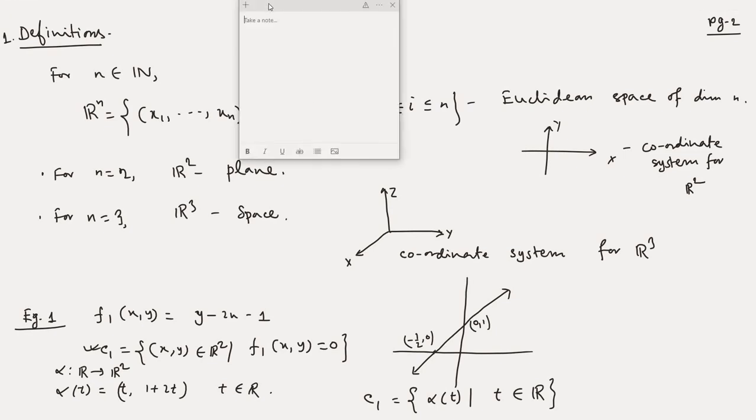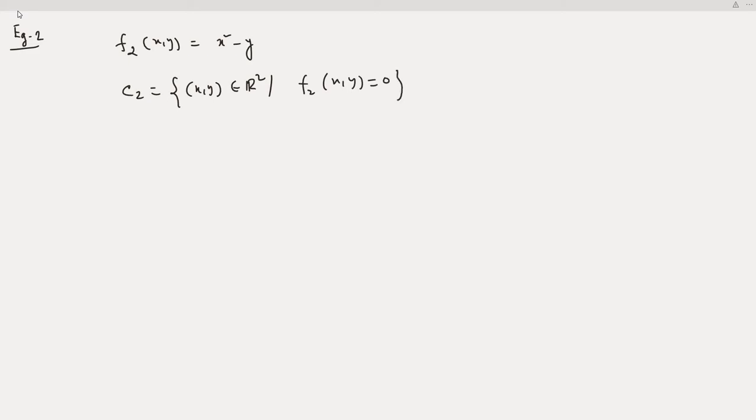Now we consider the next example. Consider f2(x, y) equal to x squared minus y, and then C2 is the set of all points (x, y) in R2 such that f2(x, y) equals 0.